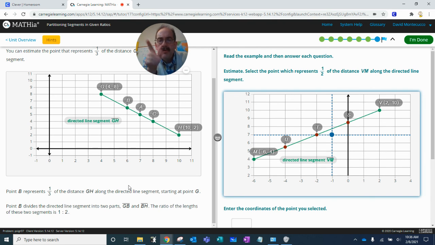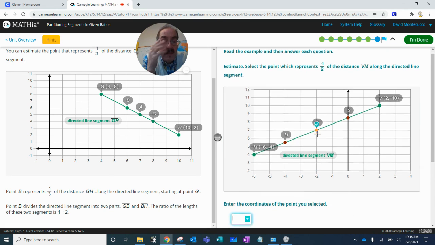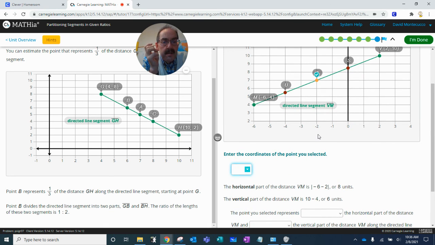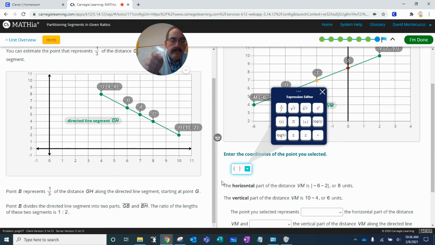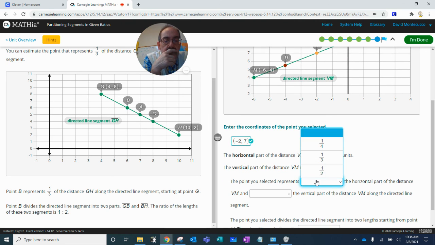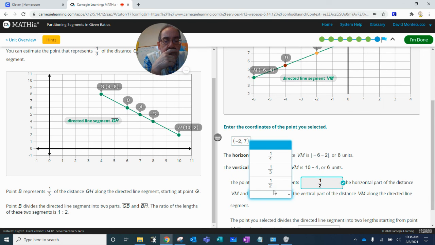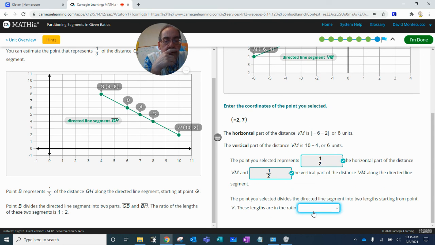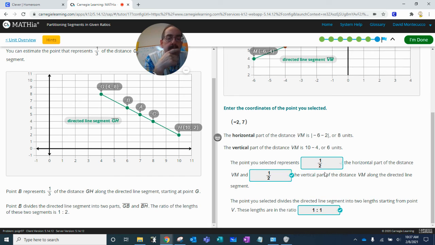One-third, 2/3 gives you the 1/2. V to M, half, 2/7, negative 2, 7, half, half, 1:1.